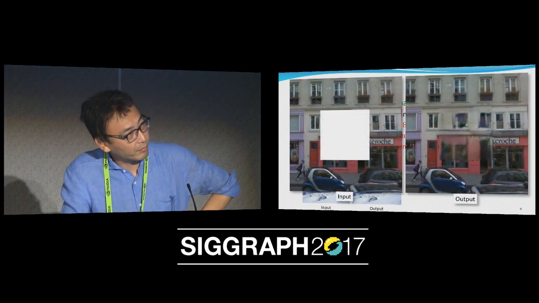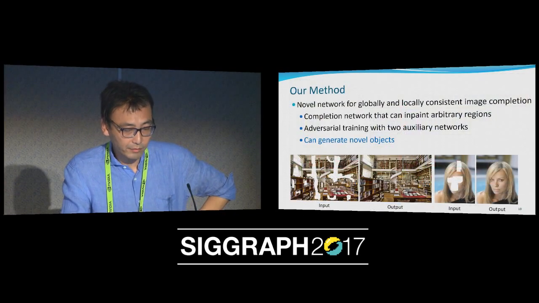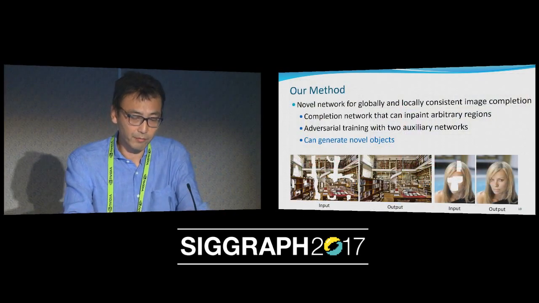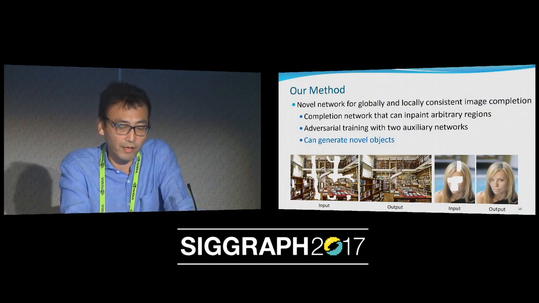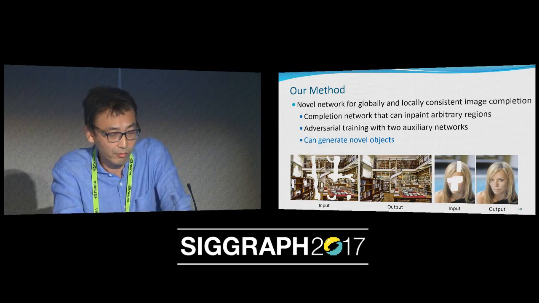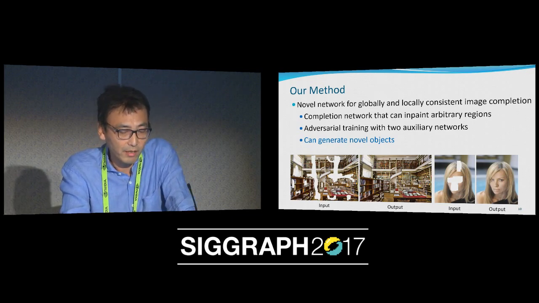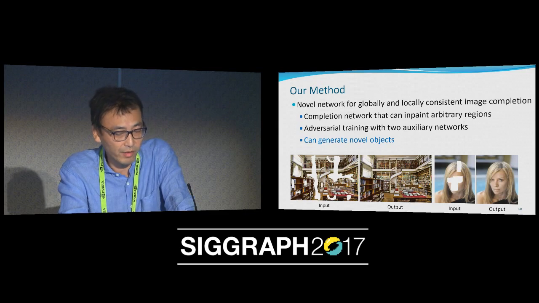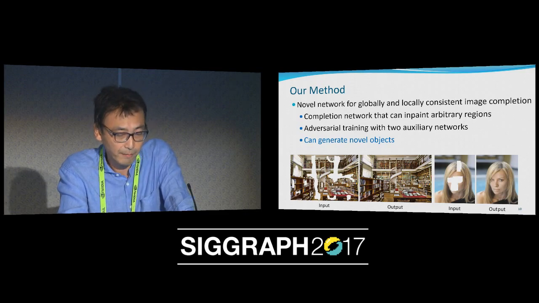This is another example. Okay, so in our work, we propose a novel network for image completion that results in images that are both locally and globally consistent. For this, we construct a completion network that can fill in arbitrary missing regions in images of any size.